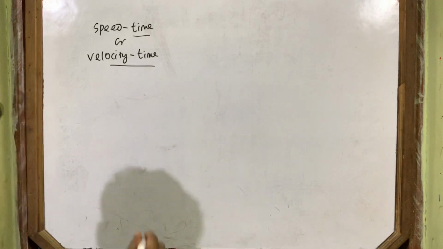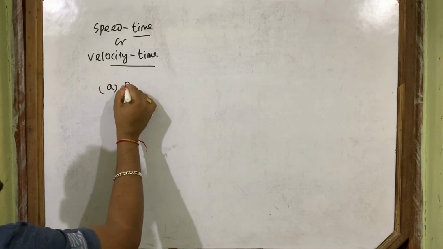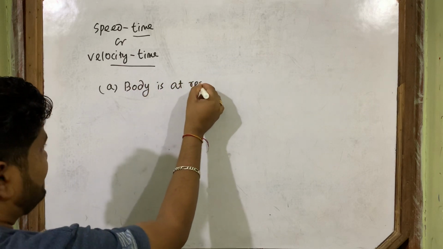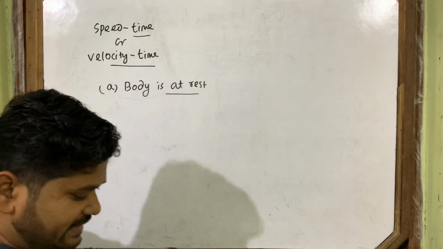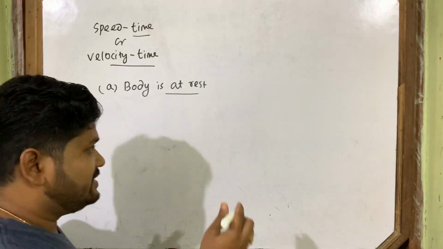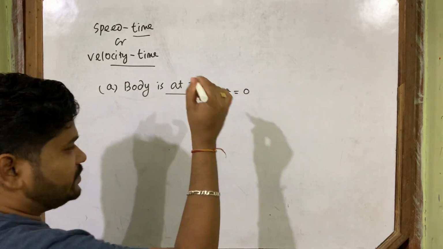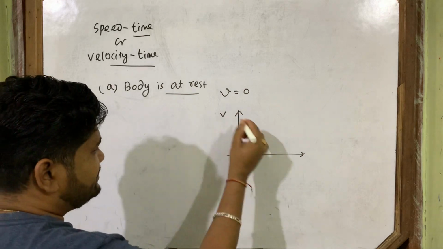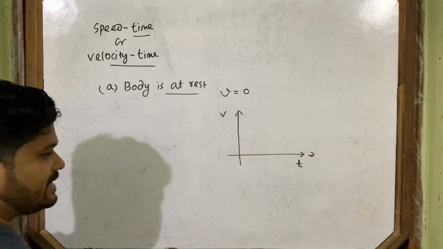Now let's start. First, the body is at rest. The body is at rest means, what about its velocity? Rest means velocity is 0. If velocity is 0, how will the graph be? This is the velocity axis, this is the time axis.